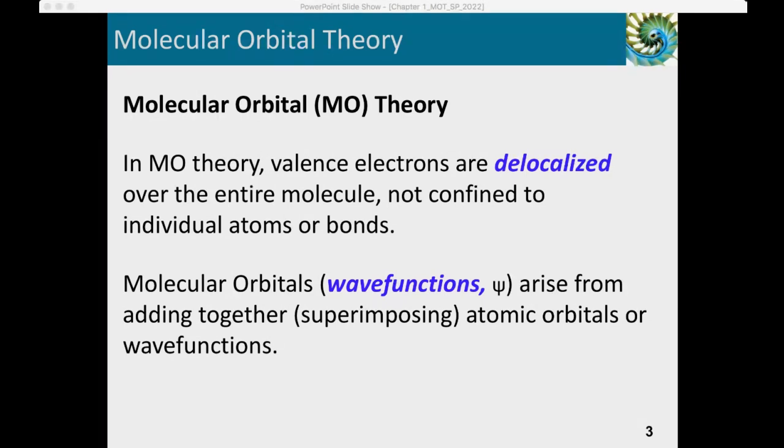So localized bonding means bonding taking place between adjacent atoms. Okay, that's what I mean by localized bonds.